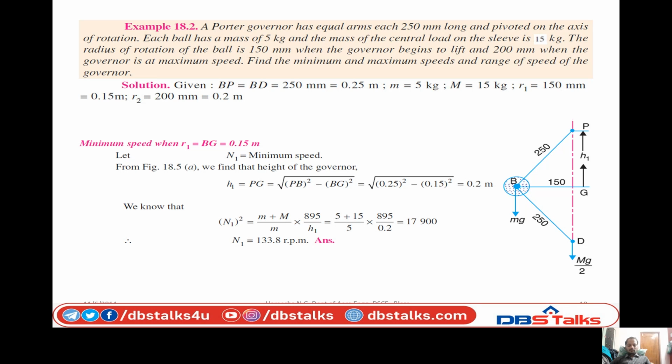And the lift, find the minimum speed and the range of the speed of the governor. What we are finding here is only the maximum speed and minimum speed.